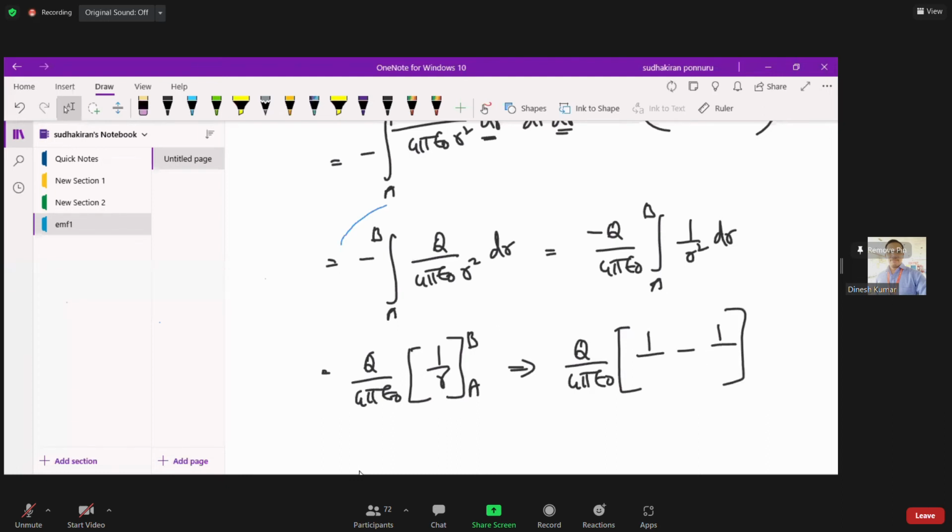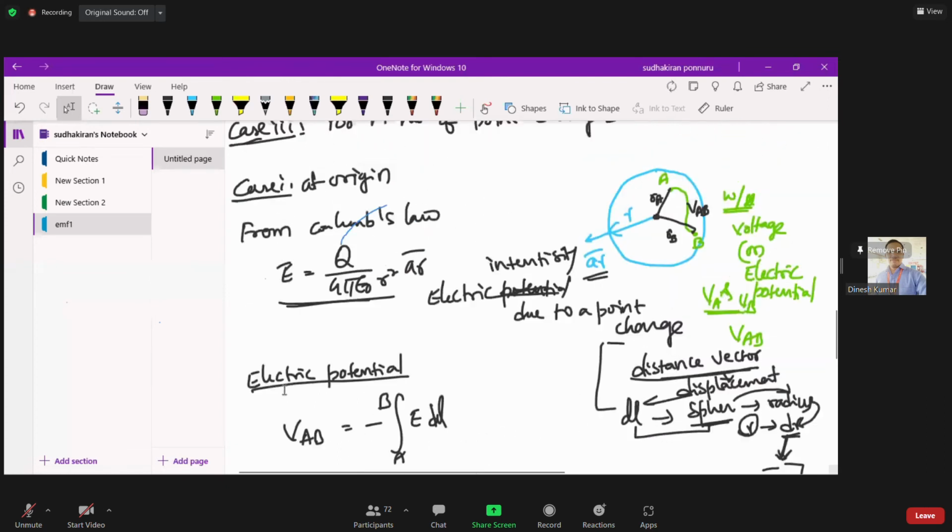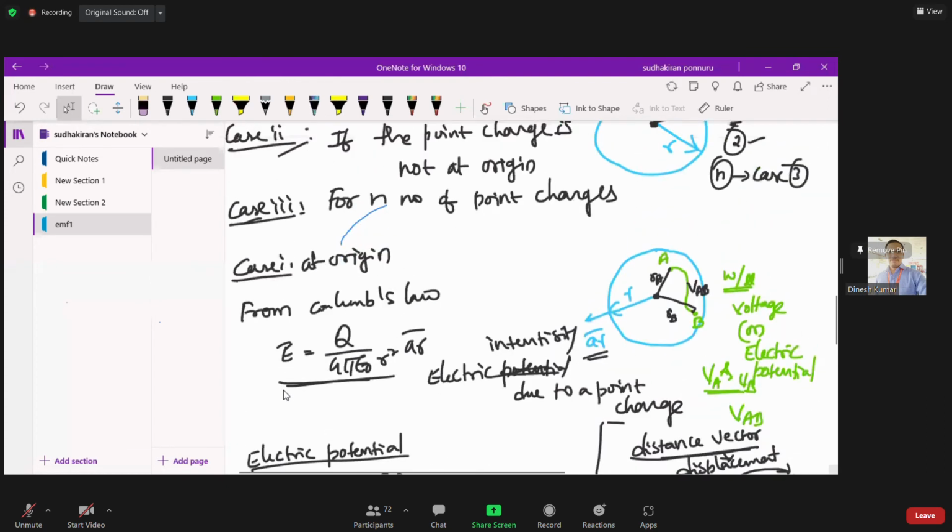What is the reason? What is A and what is B? A is nothing but the name we have given for this point as A, and we have given the name for this point as B. But A and B are not the values.